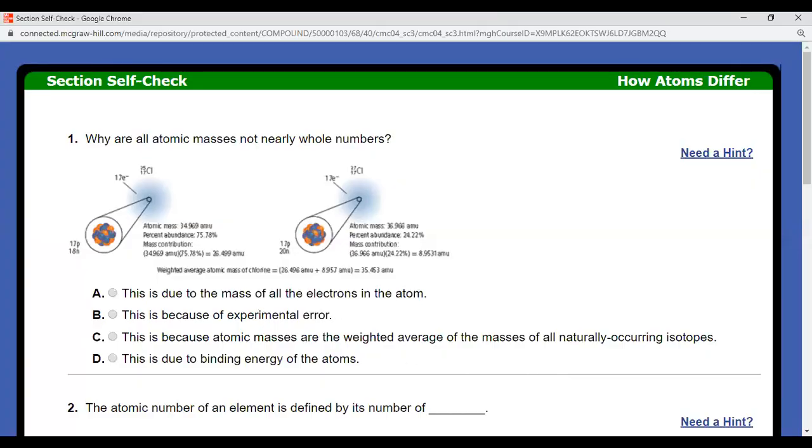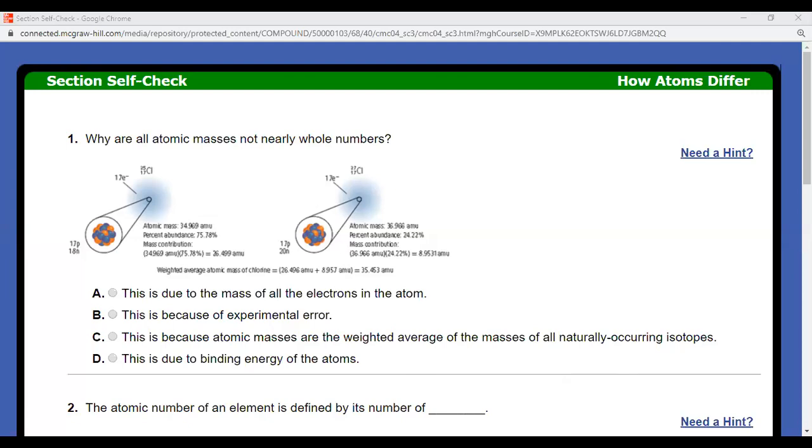Okay, Hussam, can you answer the first question? Why are all atomic masses not nearly whole numbers, as it has percentage?